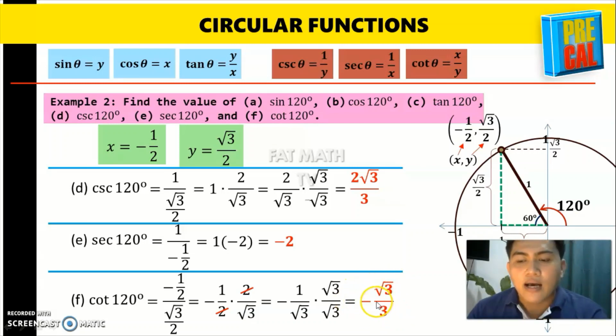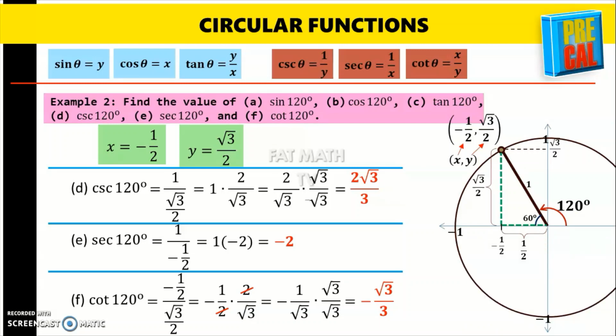So here, you don't need to use a calculator to find the exact value of the 6 trigonometric functions of special angles. So far, our examples are multiples of 30.